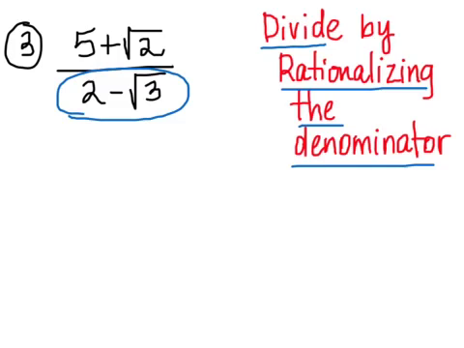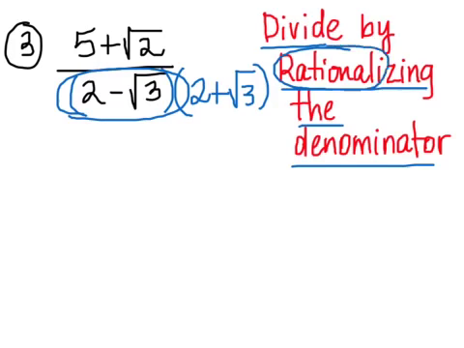So the most that we could do would be to multiply the bottom by the conjugate, because we noticed on the last example that multiplying by the conjugate happened to give us a rational number, and that's a good thing. If they want you to rationalize the denominator, they want a rational number on the bottom, and the only thing that's going to create that is by multiplying it by the conjugate.